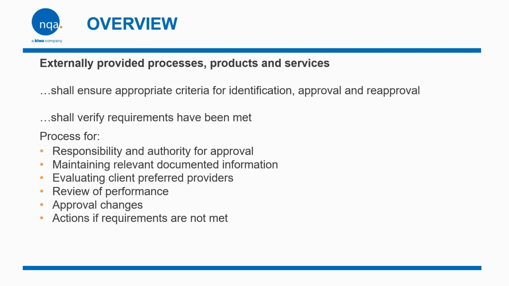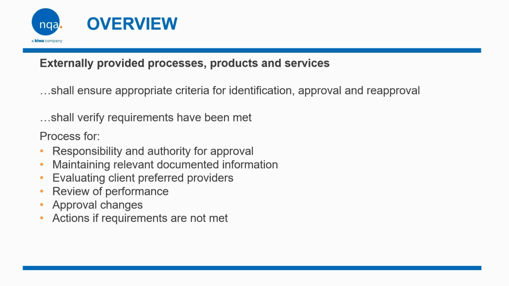Externally provided processes, products, and services. So, criteria for identifying, approval and reapproval. Organizations must establish clear criteria for identifying suppliers and external providers, approving them initially, reapproving them, and regularly ensuring they're suitable for the work. Verification that the requirements have been met needs to include inspections, audits, testing, and certification reviews.